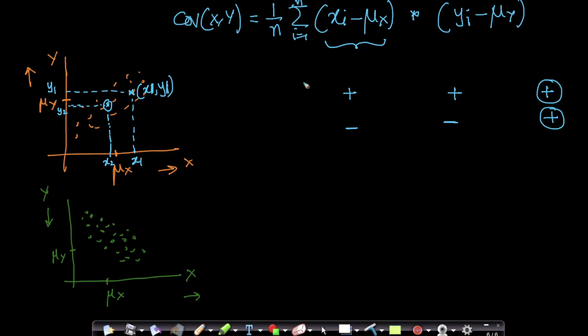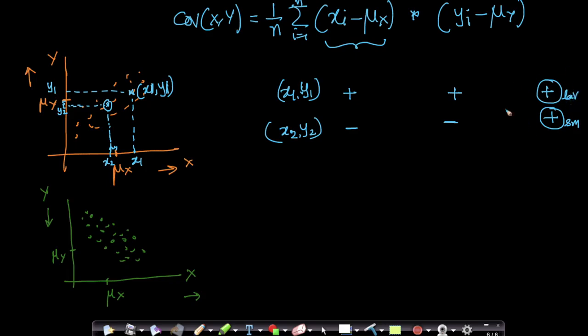But remember, this positive is much more positive than this. So this value that we got for x1, y1, this is what we got for x1, y1. This is for x2, y2. Since this distance is small, and these two are small values here, because my x2's distance from mu of x is small, this one is going to be a smaller positive value and this one is going to be a larger positive value.